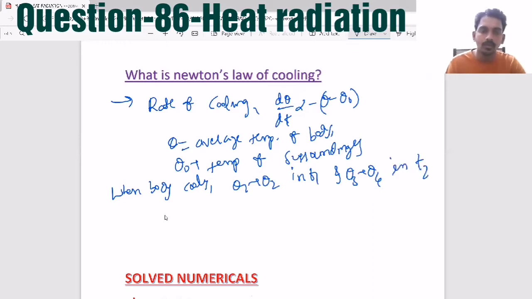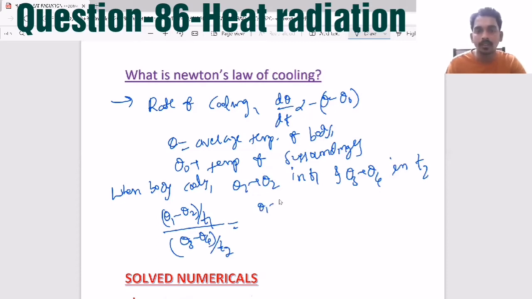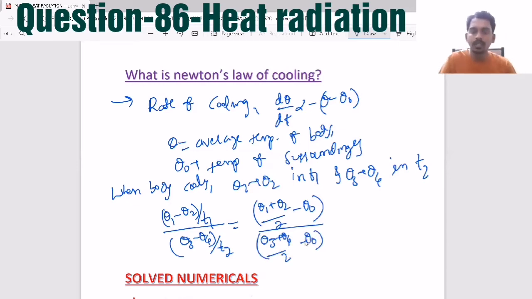Then the equation we write is, for the first case, theta 1 minus theta 2 by t1, by the second case, theta 3 minus theta 4 by t2, equal to, on the right side, average temperatures: theta 1 plus theta 2 by 2 minus theta naught, by theta 3 plus theta 4 by 2 minus theta naught. Based on this equation, usually they will ask the question. These are the two important things.